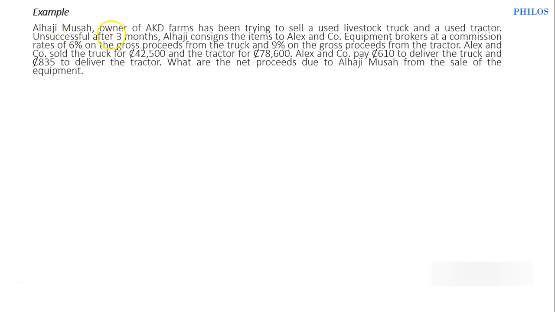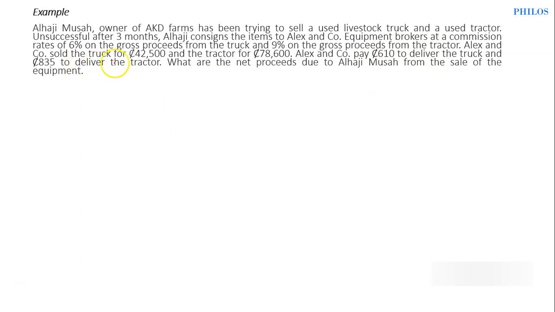Alhaji Musa, owner of AKD Farms, has been trying to sell a used livestock truck and a used tractor. Unsuccessful after 3 months, Alhaji consigns the items to Alex & Co., equipment brokers, at a commission rate of 6% on the gross proceeds from the truck and 9% on the gross proceeds from the tractor.